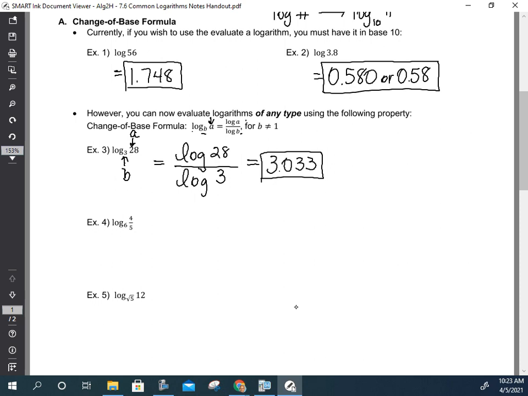So let's do another. Log base 6 of 4/5. This is a fraction. So this is your base. The fraction is the a value.